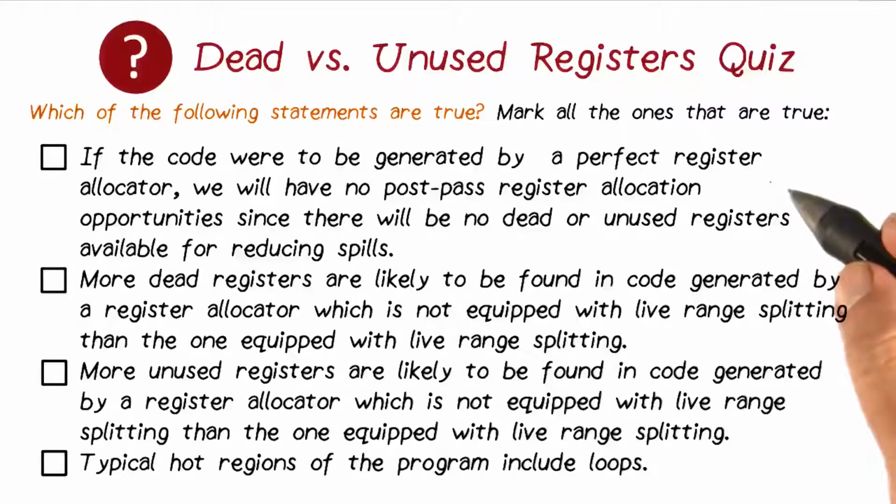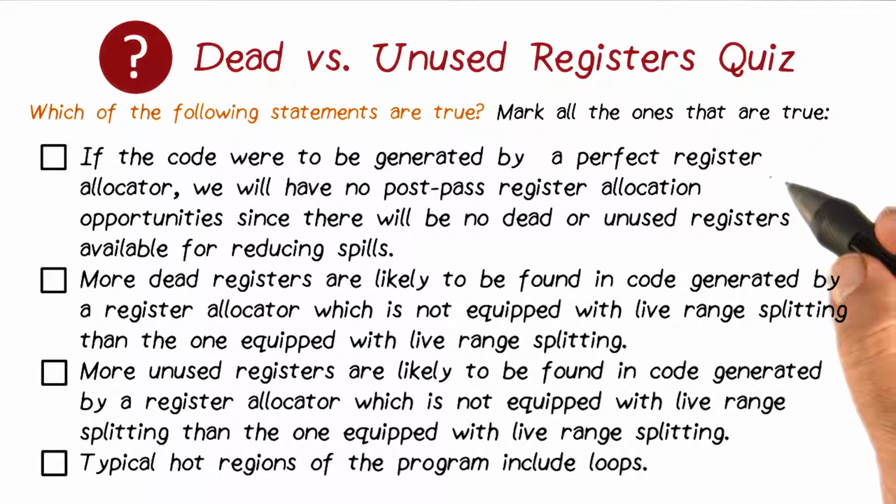I have here a few statements. Please mark those statements which are true with a check mark. The first statement: if the code were to be generated by a perfect register allocator, we'll have no post-pass register allocation opportunities since there will be no dead or unused registers available for reducing spills. Is this true or false? Second, more dead registers are likely to be found in code generated by a register allocator which is not equipped with live range splitting than the one equipped with live range splitting.